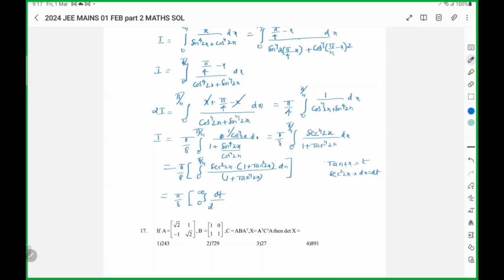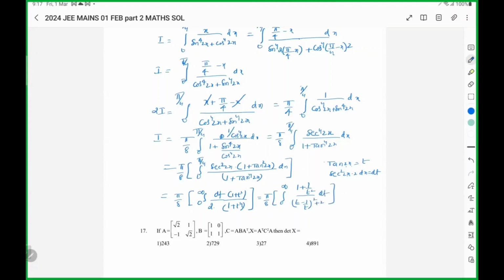Here it is 1 plus t square by 1 plus t power 4. Pi by 8, from 0 to infinity, dividing with t square, the numerator is 1 plus 1 by t square, which I am writing like this.